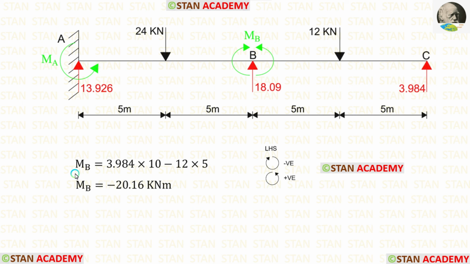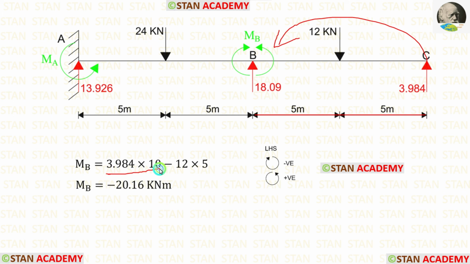Now let us find MB. I am going to find the moment at the point B from the point C. In this case, I am moving towards the left hand side. Clockwise will be negative and anti-clockwise will be positive. RC is acting in the anti-clockwise direction, so it will be positive and the distance is 10.